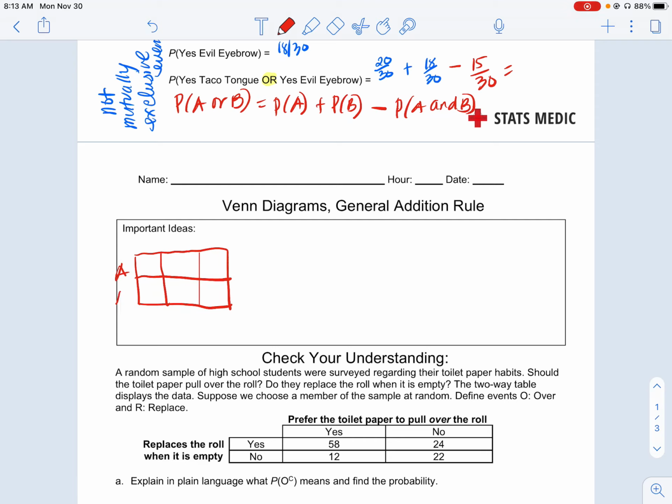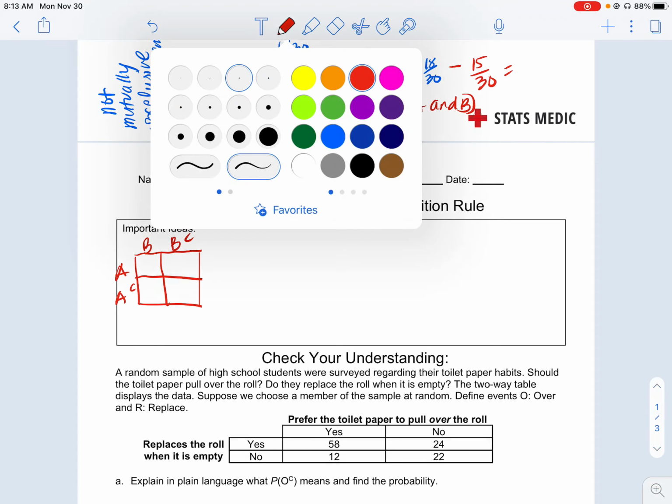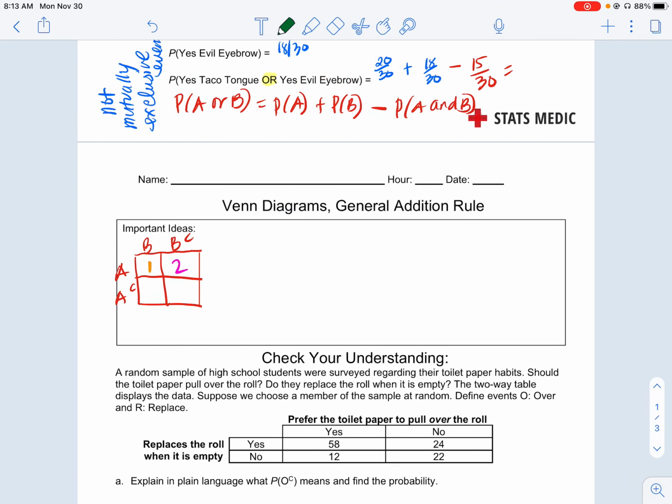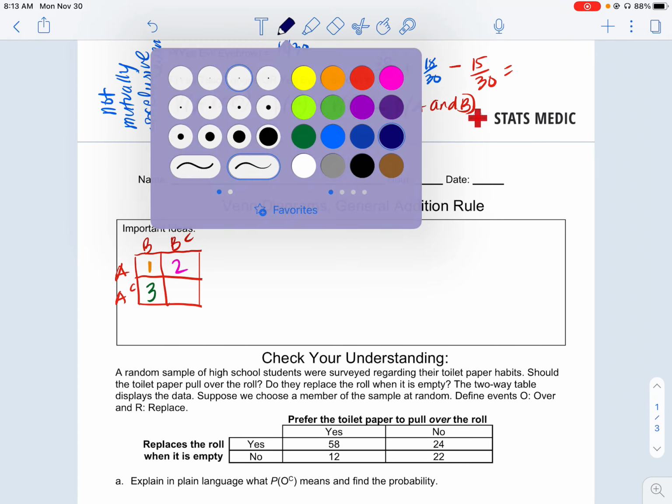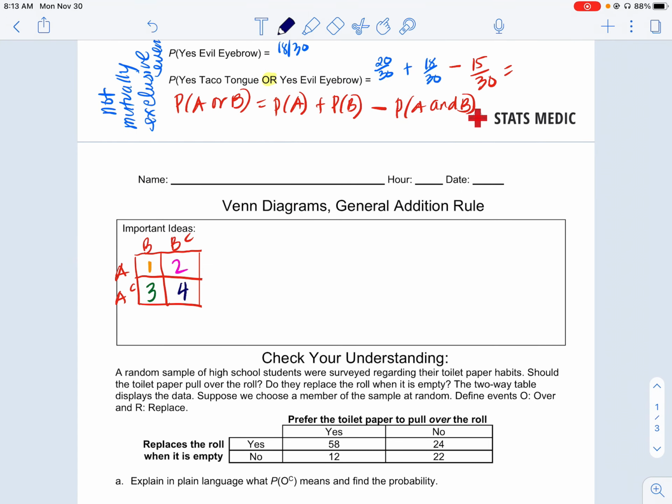So this is A, not A, B, and this is B, not B, or complement of B. So let's put 1, 2, 3, and 4.